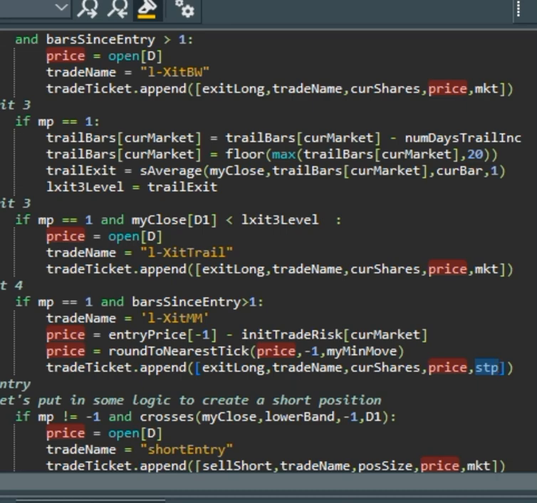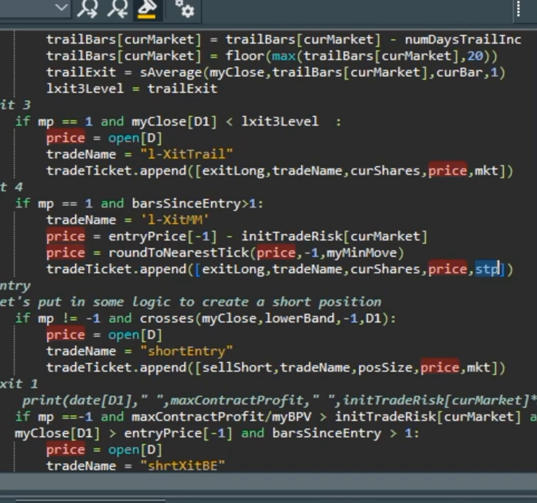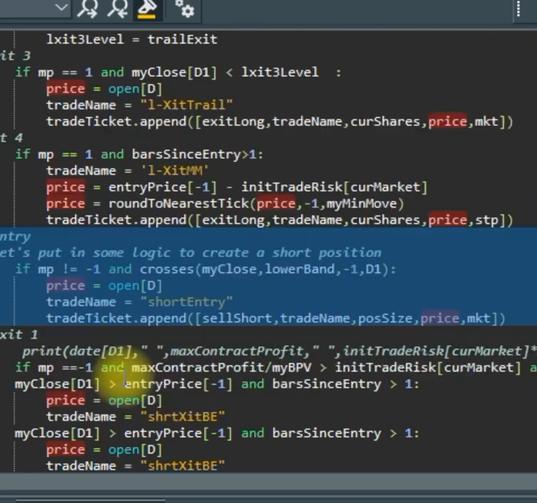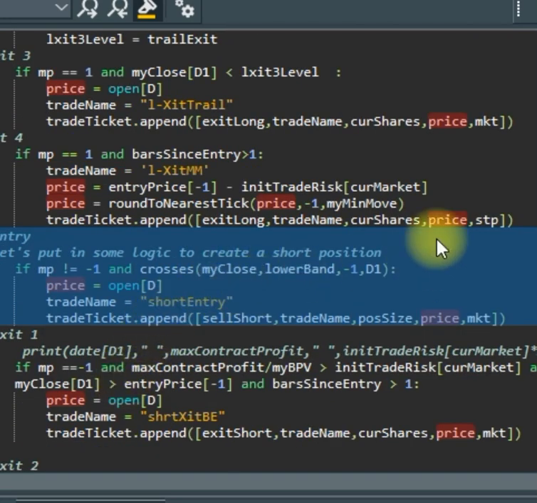Limit order is LMT, that's Lima Mary Tango. The short entry is the mirror image, but we're going short, and so you have to flip the greater than signs to less than signs and things like that, and test for the current market position.